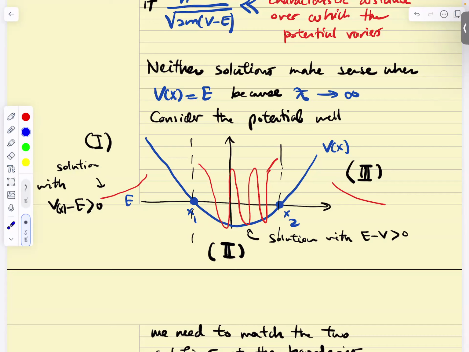Why? Because of this. So here's your x1, here's x2. And now I'm plotting the phase of psi, S of x, or e to the i W of x, right? Remember, in this part, this is classically allowed, so it's a phase.